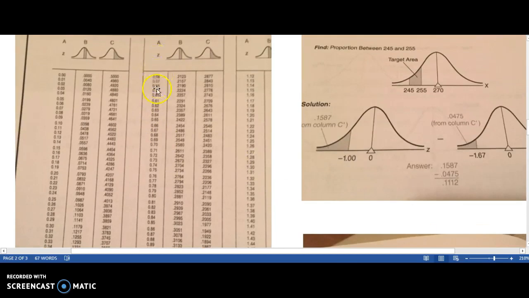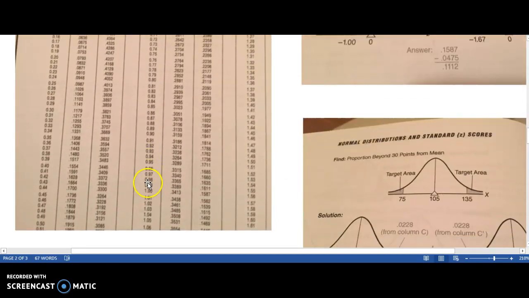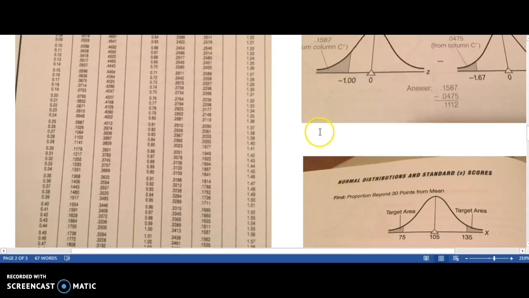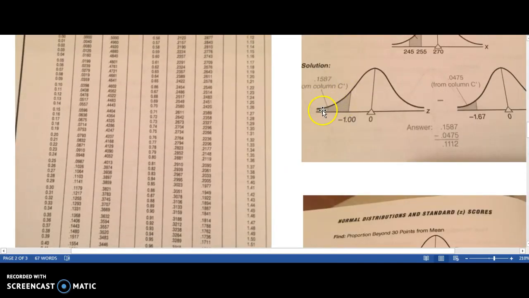So if we follow this column all the way down to 1.00, we see that there are two values here. Now remember, this first value is the area from that point to the mean. We want the area from that point to the tail. So 0.1587 is the proportion of the population that is between the z-score of 1 and the tail. That corresponds to right here, and that's how they got that information of 0.1587.